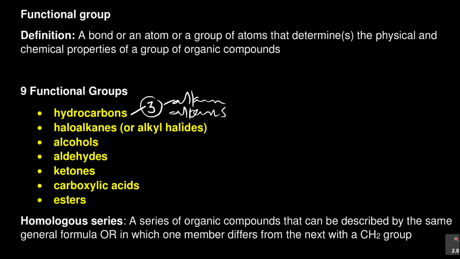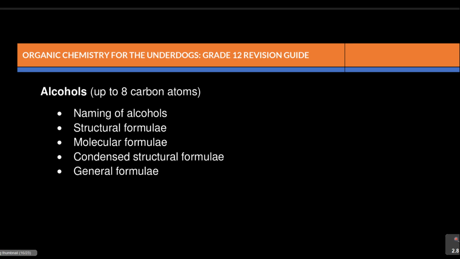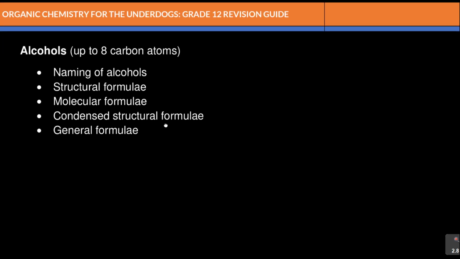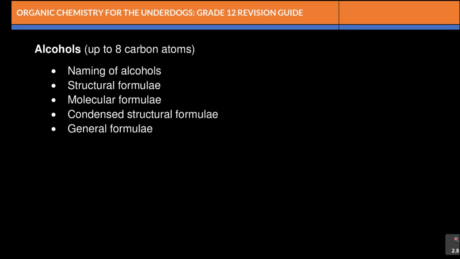Number 4 is haloalkanes, number 5 is alcohols, number 6 is aldehydes, number 7 is ketones, number 8 is carboxylic acid, number 9 is esters. That's why we say 9 functional groups, and you look at the definition of a functional group as well as that of a homologous series. Now in this lesson we are going to quickly look at the naming of these functional groups as well as the homologous series.